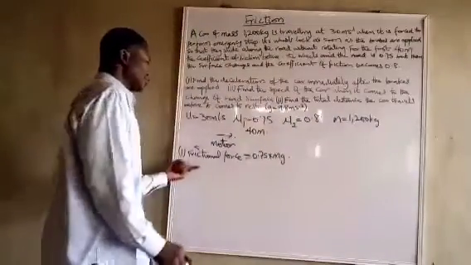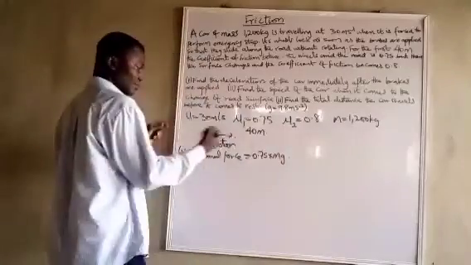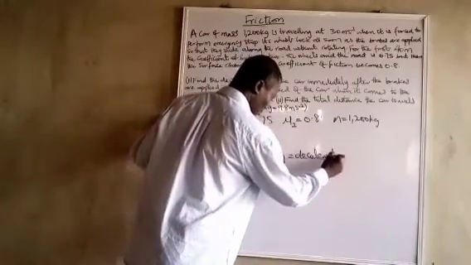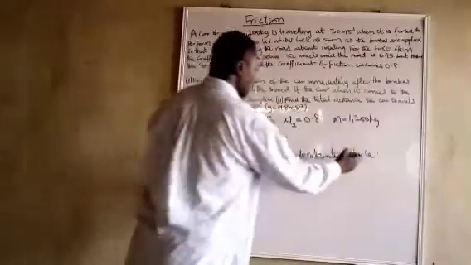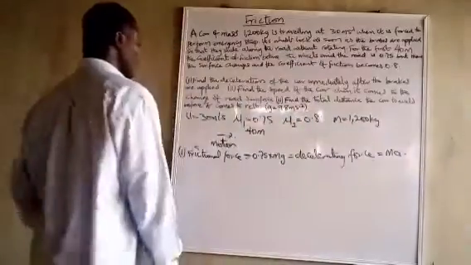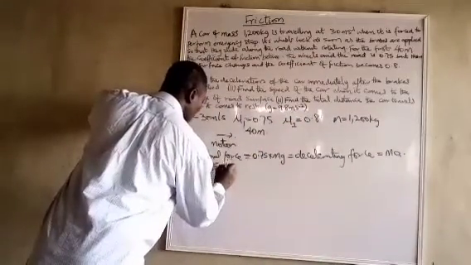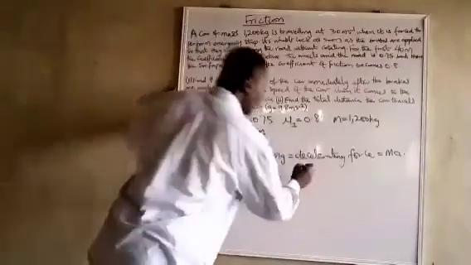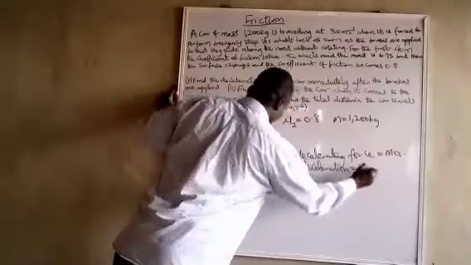And this frictional force will be equal to the decelerating force, and this decelerating force is equal to ma. Therefore, 0.75 mg is equal to ma. Here deceleration is a.